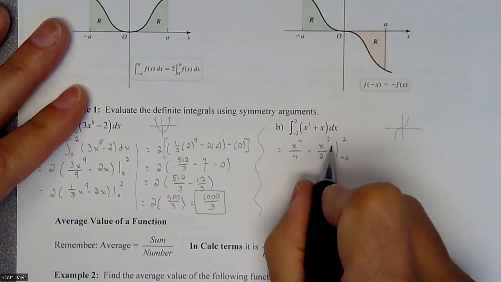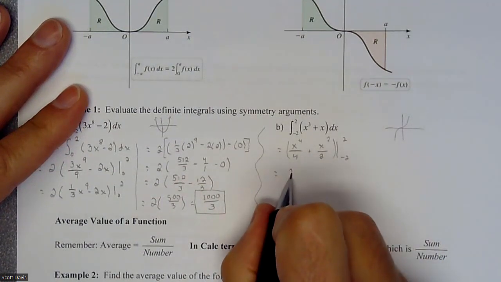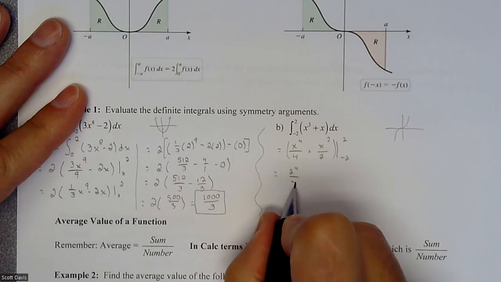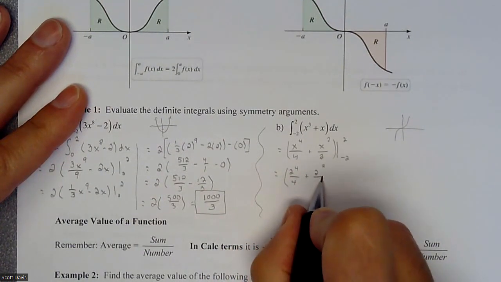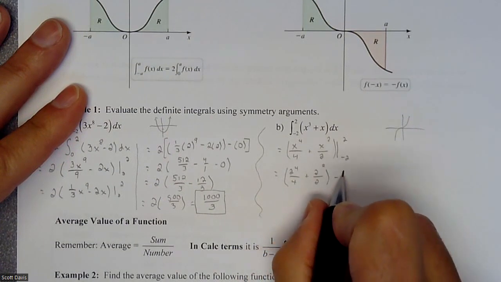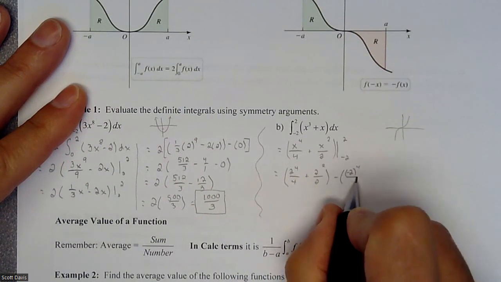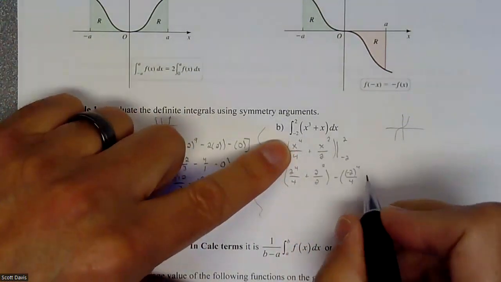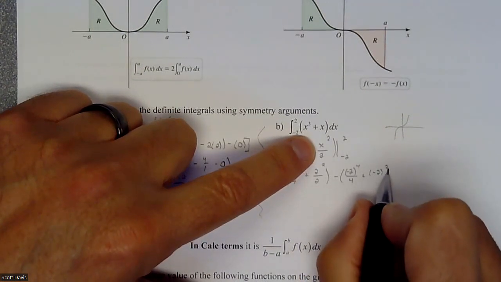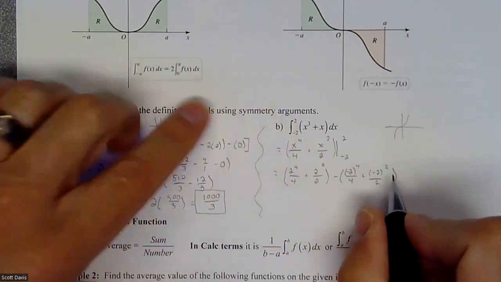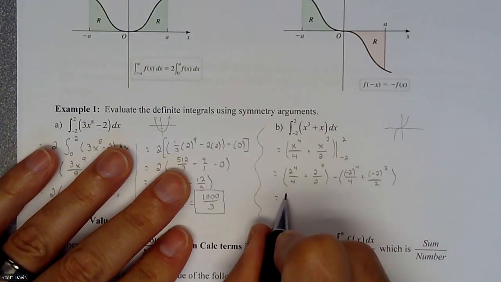Right, so let's plug in. So we'll do 2 to the 4th over 4 plus 2 to the 2nd over 2 minus -2 to the 4th over 4, right? And then plus a negative 2 to the second over 2. And we're looking at 2 to the fourth: 2, 4, 8, 16.